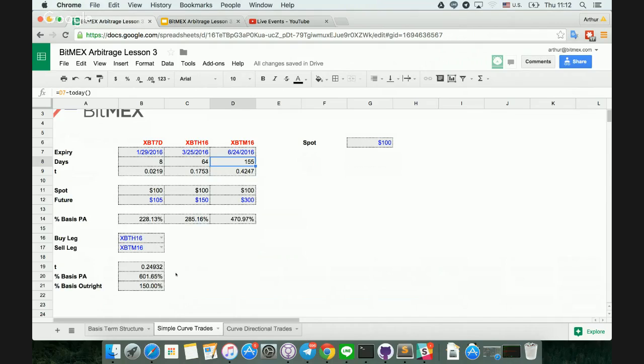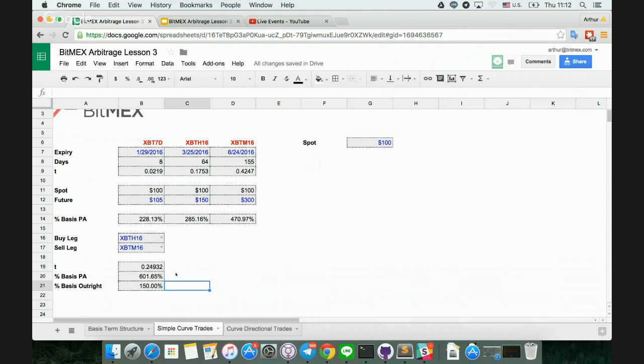Now, assuming that we have the same term structure and we just let time expire, we will make this outright 150% outright return. However, we need to buy back another futures contract, i.e., we need to pay fixed again in 64 days. So we have a risk.